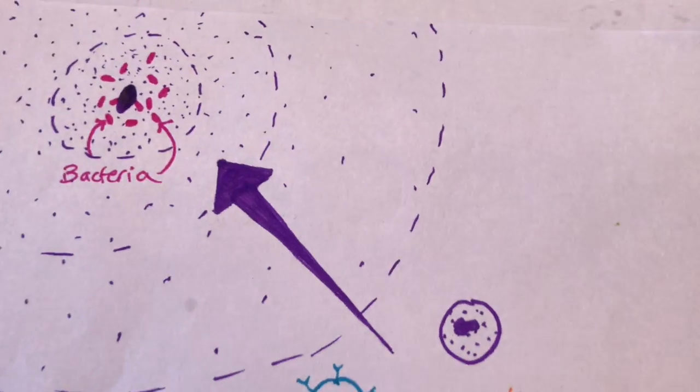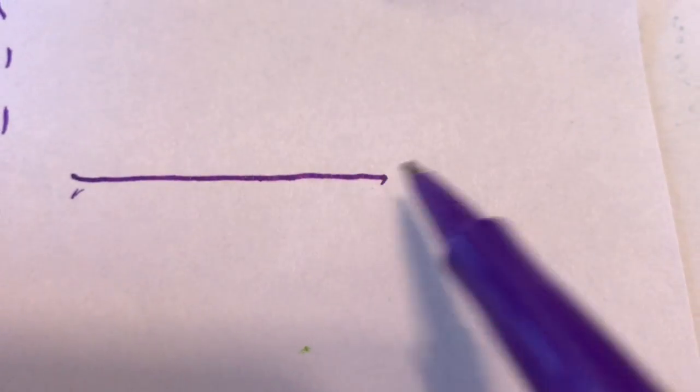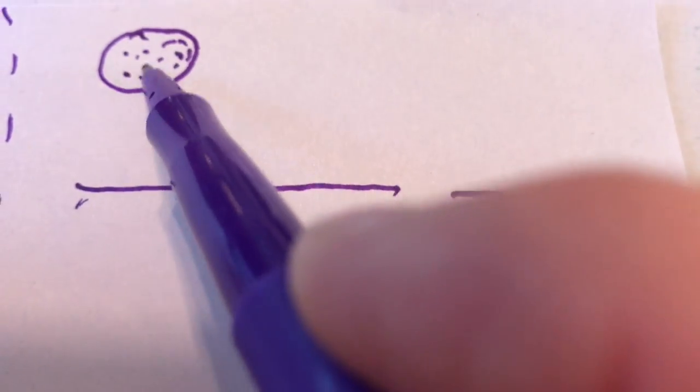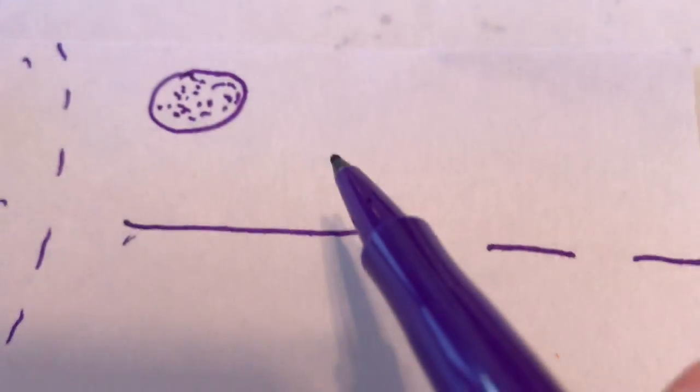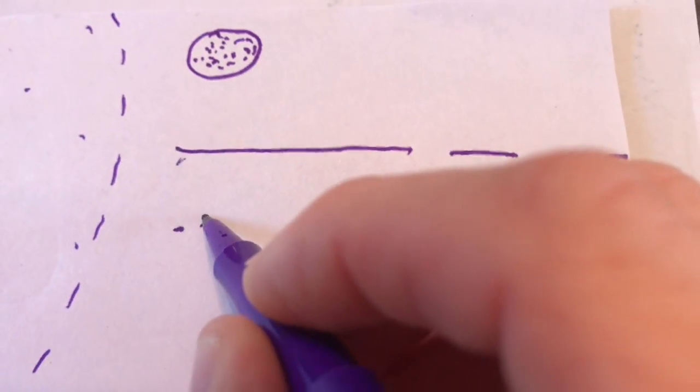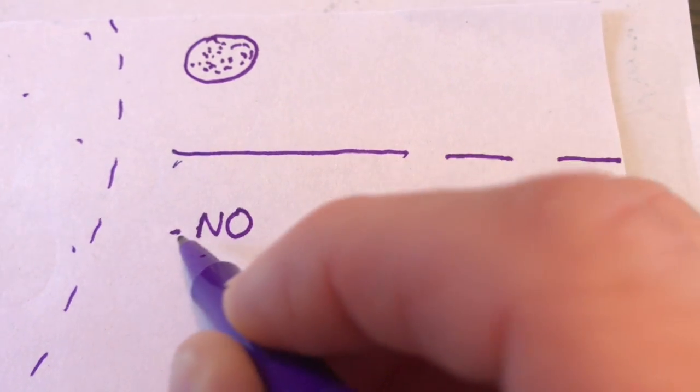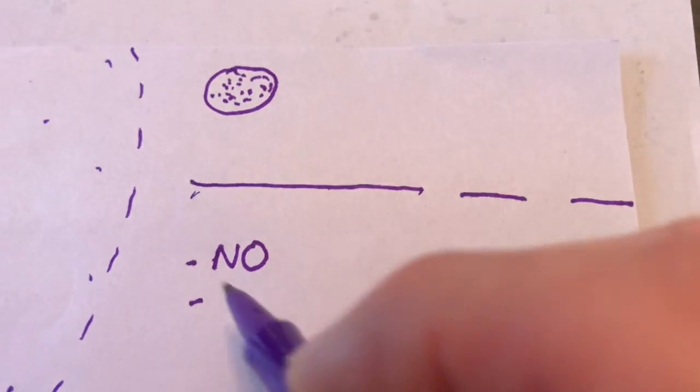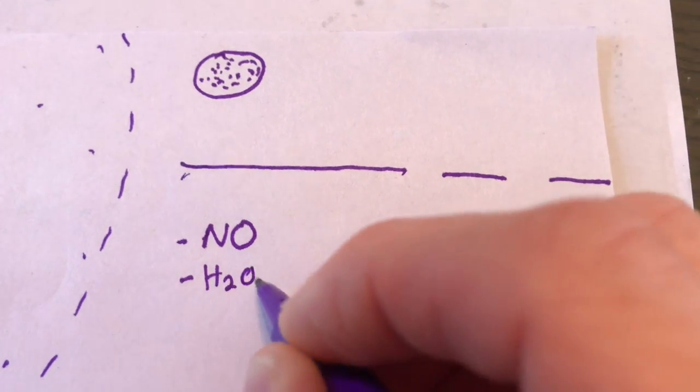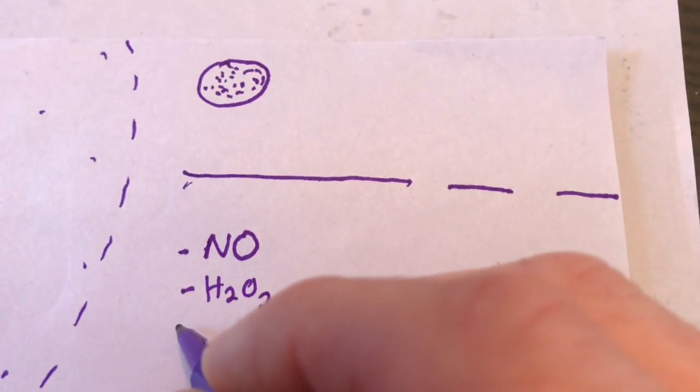So what I mean by that is, if you have a granule producing cell, so here we have a granule, and then we have all these things inside. Remember, these do include some enzymes, but there's also a lot of chemicals that are damaging. A couple examples are nitric oxide, which is toxic to bacteria, but you're also going to have things like hydrogen peroxide, hypochlorite.